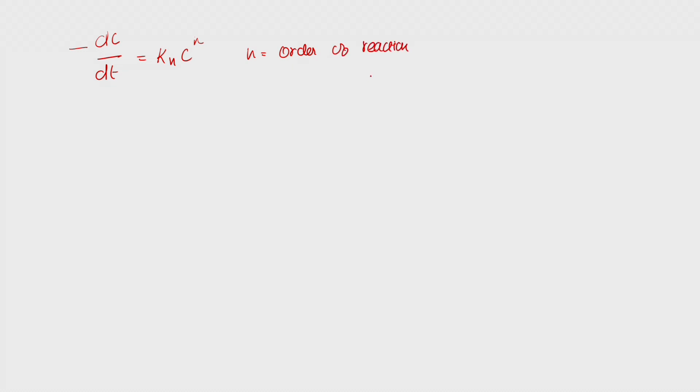If I know the order of the reaction a priori, for example n equal to 0, that means it is a zeroth order reaction. How do I write the kinetic expression? Minus dC upon dt is K naught C power 0, which is nothing but K naught.